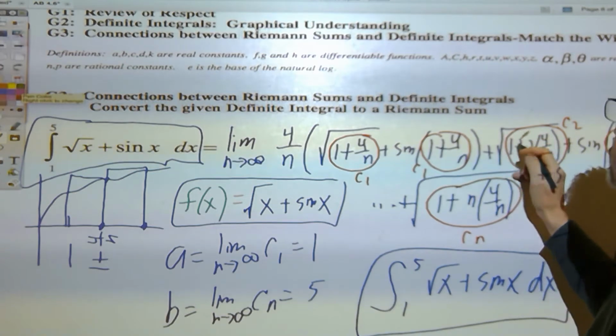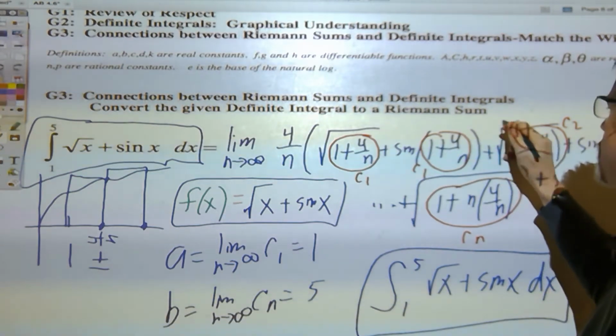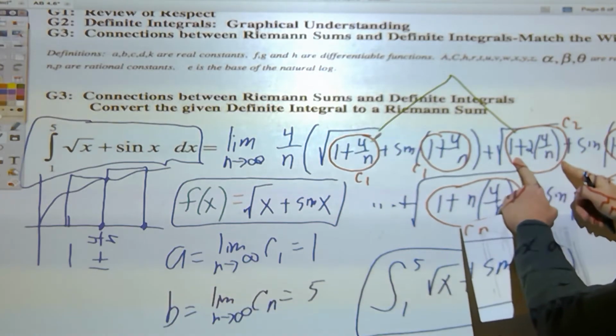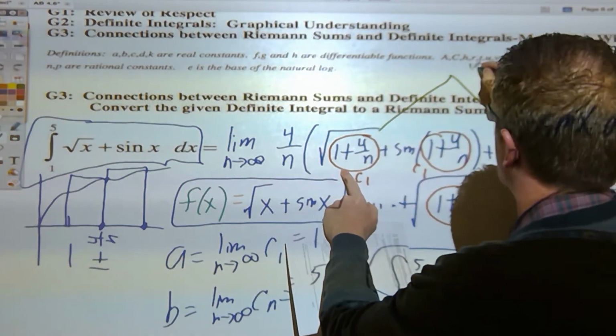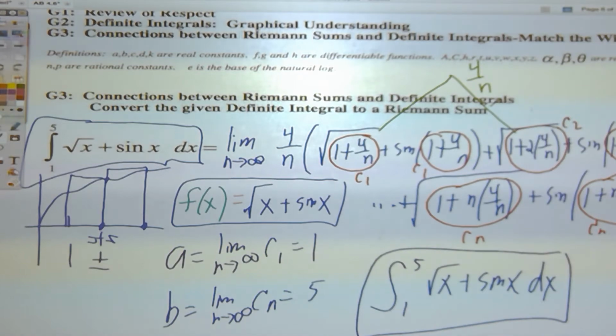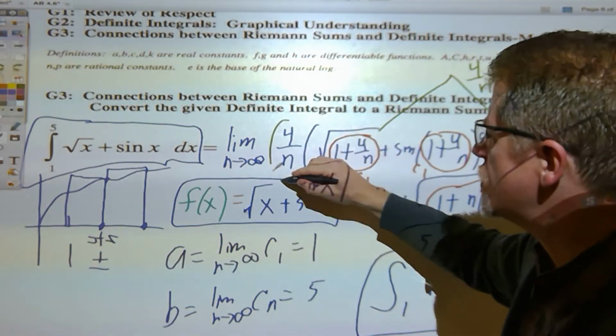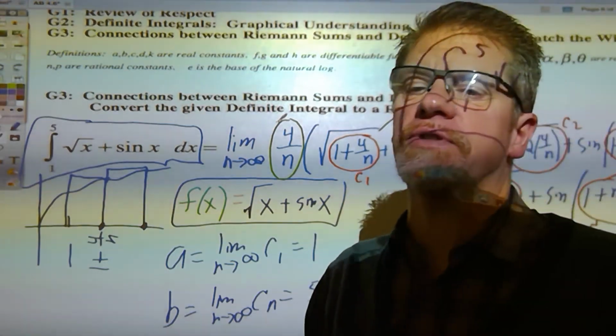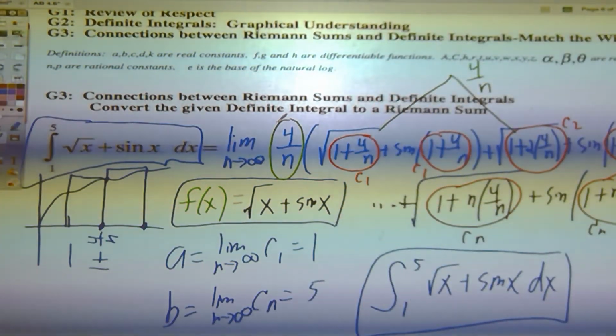Like, take C2 minus C1. So 1 plus 8 over n minus 1 plus 4 over n leaves you a difference of 4 over n. And that difference matches with the widths of all the rectangles out front, so that tells you you don't have to doctor and counterbalance. Let's try another example.